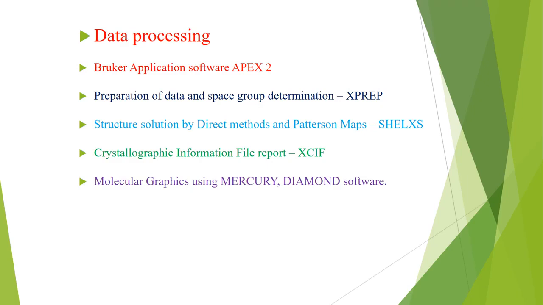Preparation of the data and space group determination is calculated by using the software known as XPREP, and the structural solution is done by direct methods and Patterson maps, in which the SHELX software is used. Crystallographic information file reports are done by the software known as XCIF, and the molecular graphics using Mercury and Diamond software.